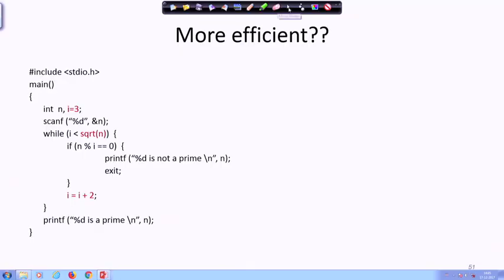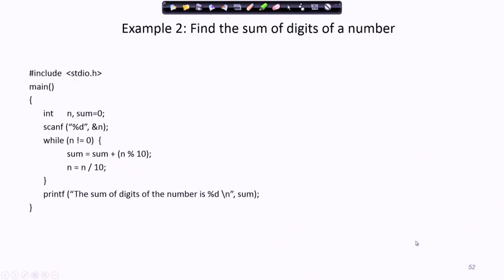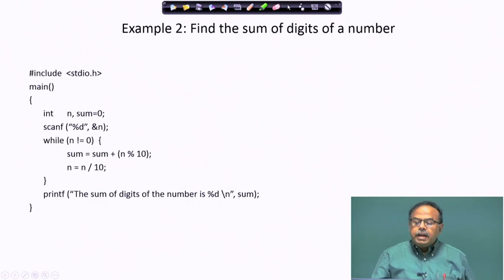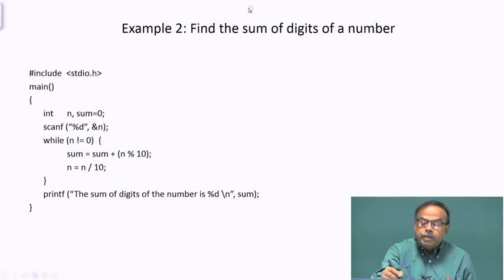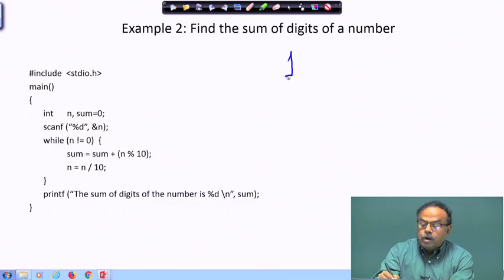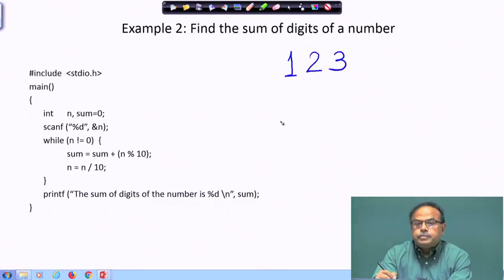So, now let us go to another example. This is again finding the sum of the digits of a number. Now, this one we did not do before. What is meant by this? Suppose I have got a number 123.